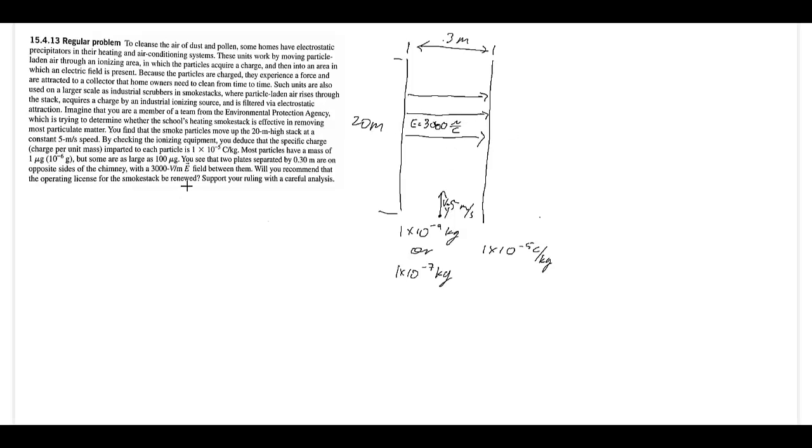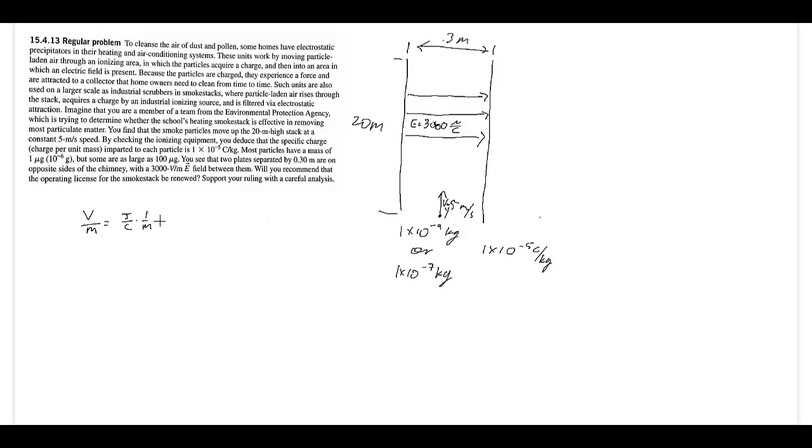Now, I know you're saying to yourself, well, when I read the problem thoroughly, I saw that it said the E field strength was 3,000 volts per meter. I just want to bring your attention to something, a quick unit analysis, volts per meter. Volts, if you remember, is joules per coulomb times 1 over meters, right?